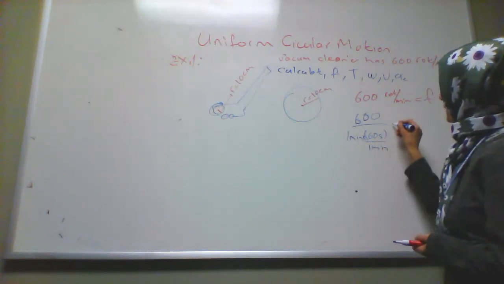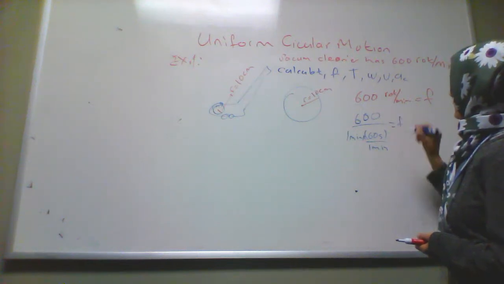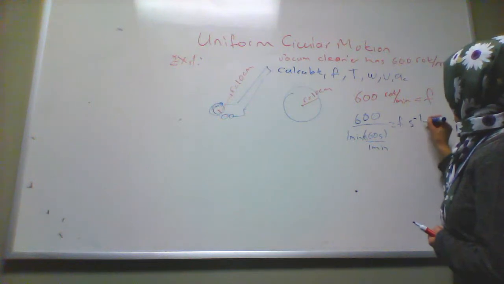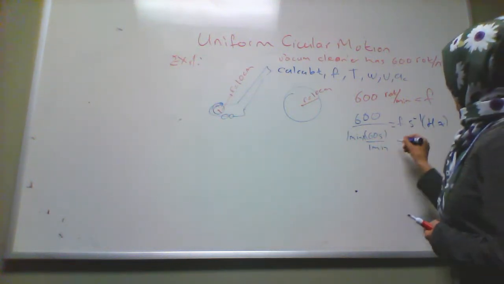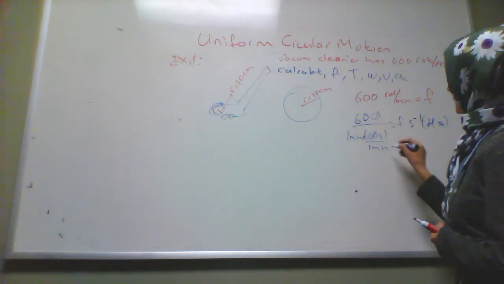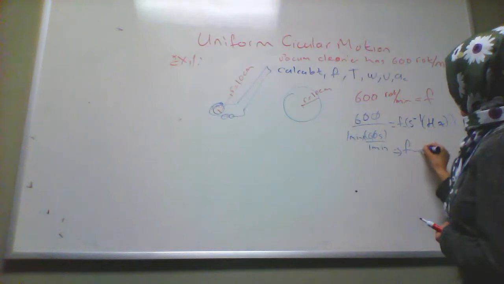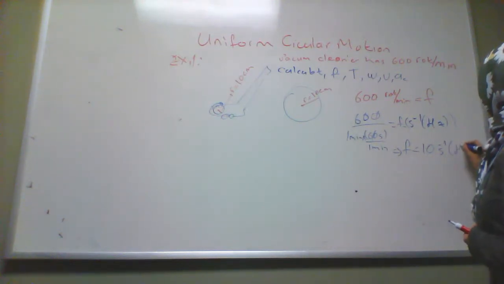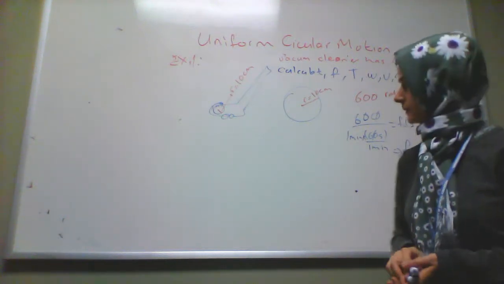This is my conversion here. And then this will be rotations per second, giving me F in second to the minus 1, or hertz. So 600 divided by 60 is 10. F is equal to 10 second to the minus 1, or hertz is the unit. This is my frequency. I calculated it.